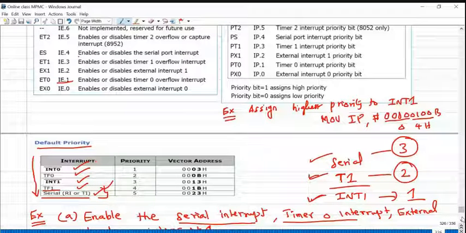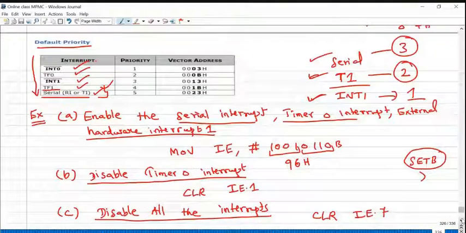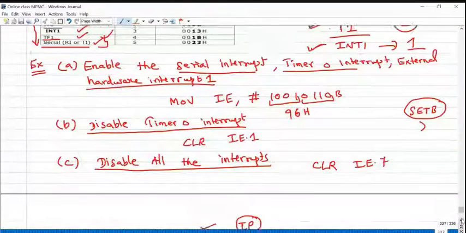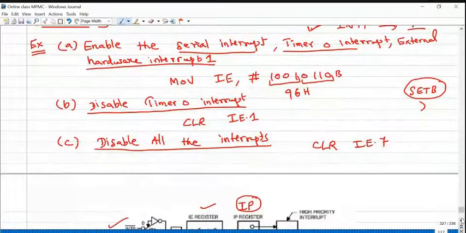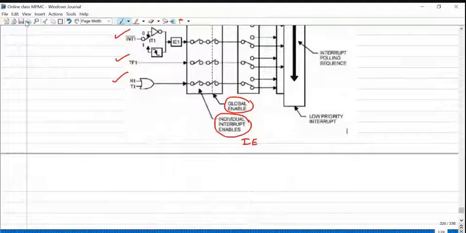Whenever the external interrupt occurs, do some work, turn on some LED, enable the up counting mode or the down counting mode, like this. Programming we will discuss tomorrow, and parallelly programming for your laboratory session, assembly language program as well as C language program for interrupts.